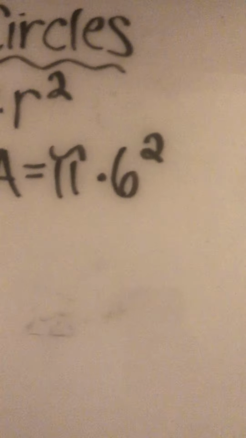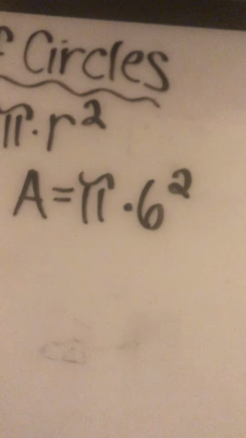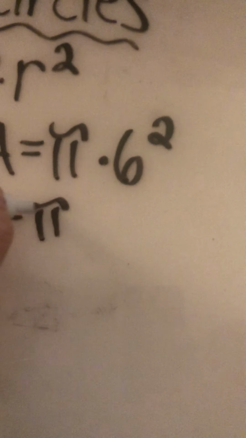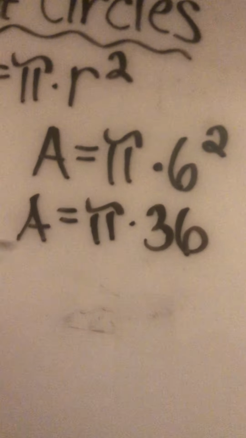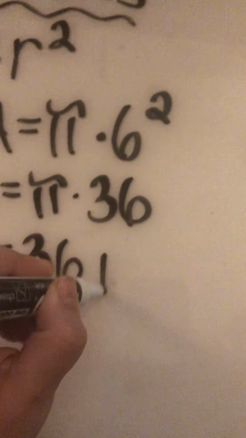Okay, so again, if you're using your calculator, you do 6 squared first by either pressing the caret key or the x squared key, or you could just simply do 6 times 6, which we should all know is 36. Okay, so then I just rewrite this with that number there. I usually like to rewrite it where the number is in front of pi just because it looks mathematically nicer.